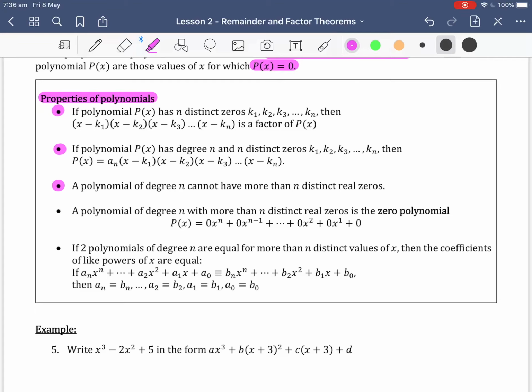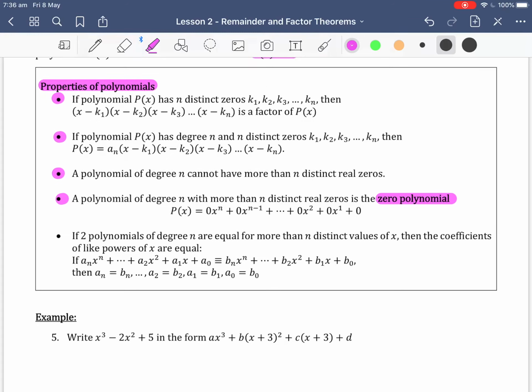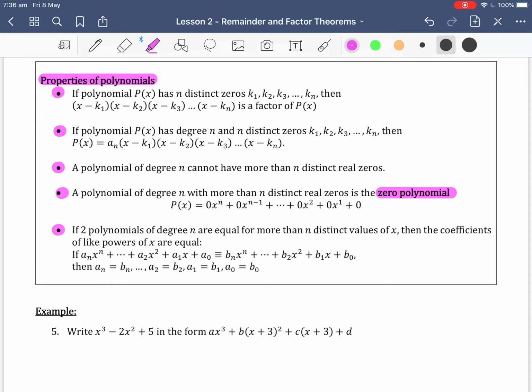A polynomial of degree n cannot have more than n distinct real zeros. A polynomial of degree n with more than n distinct real zeros is the zero polynomial. So that's where the coefficient of each of our x terms is 0. If two polynomials of degree n are equal for more than n distinct values of x, then the coefficients of like powers of x are equal.